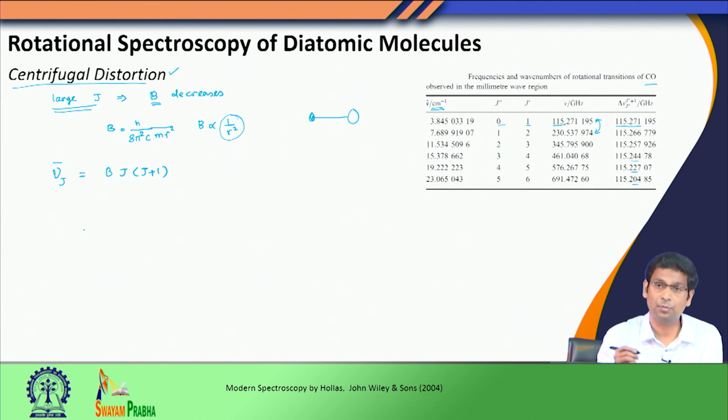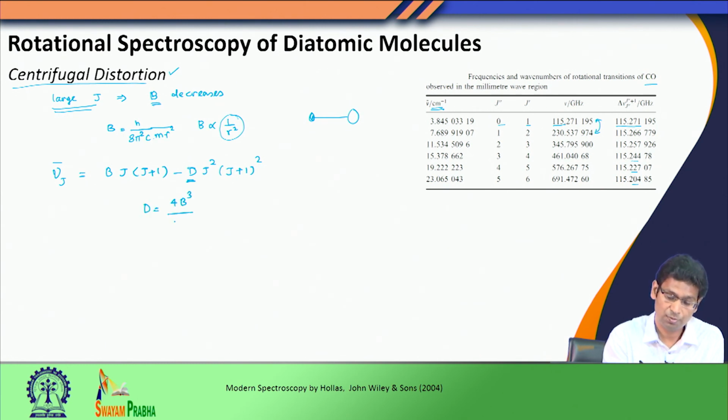So, most bonds are going to show the centrifugal distortion. Therefore, to add this correction we introduce a distortion coefficient given by D, and this is the expression through which we provide this correction, where D is the centrifugal distortion constant, which is also given as 4B cube.